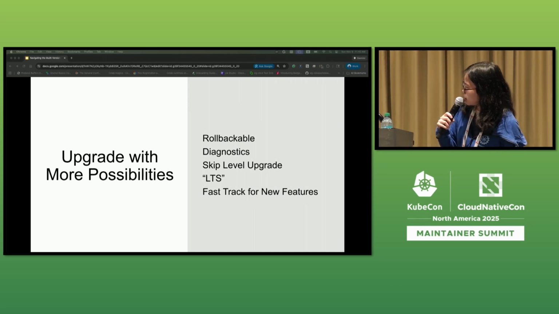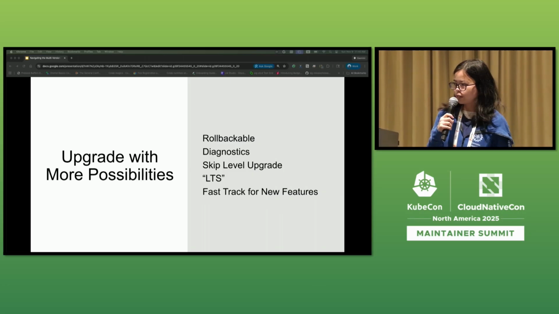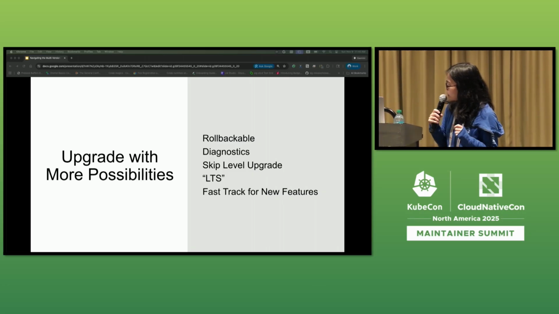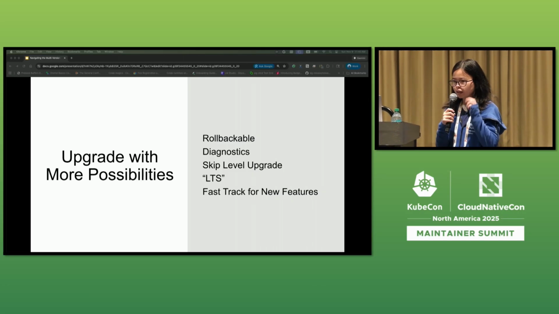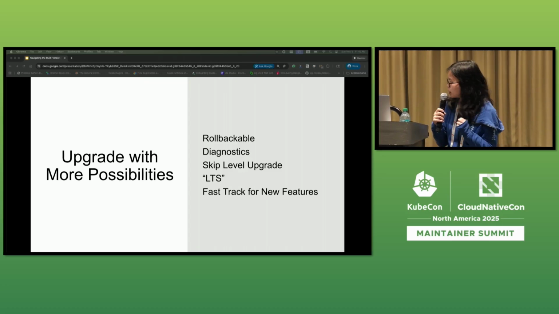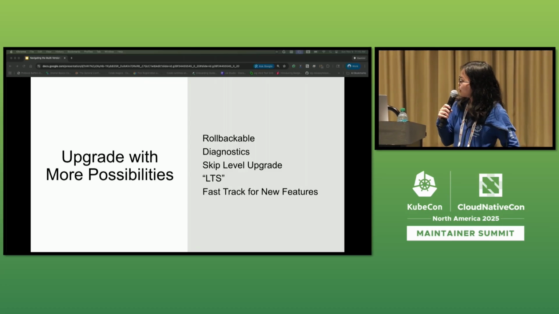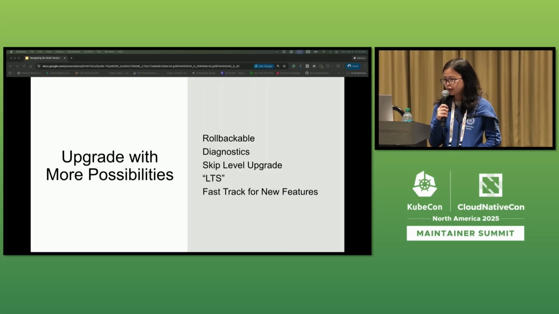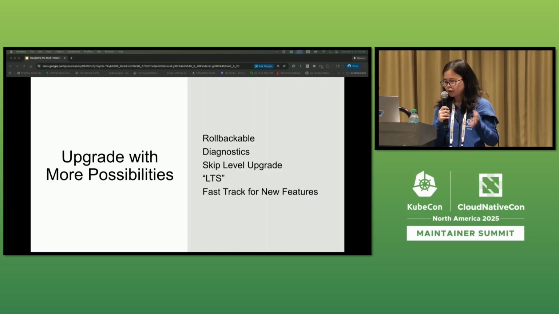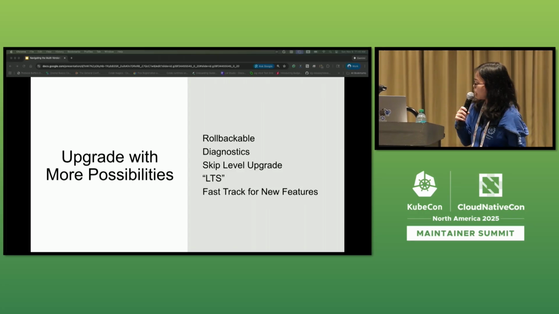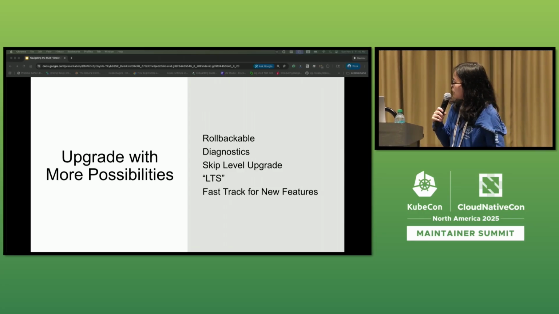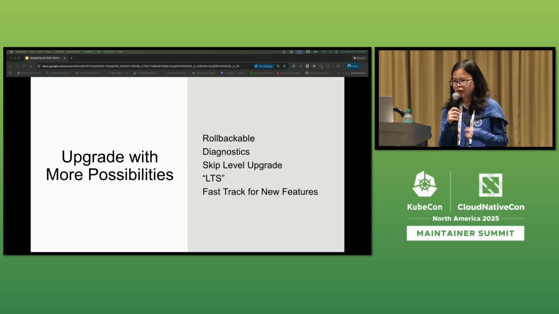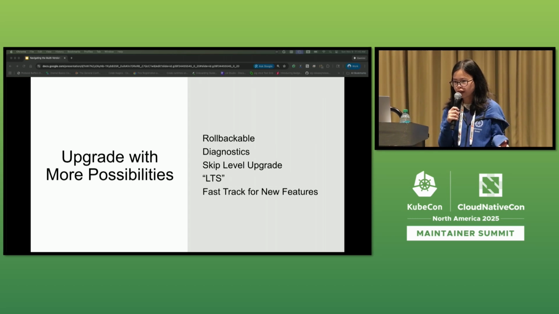And then there's also the possibility of the quote-unquote LTS. So it's an emulated long-term support. So if, say, for example, 1.34 is going to be out of support in this release, you can still run 1.35 at emulated version, say 1.32.